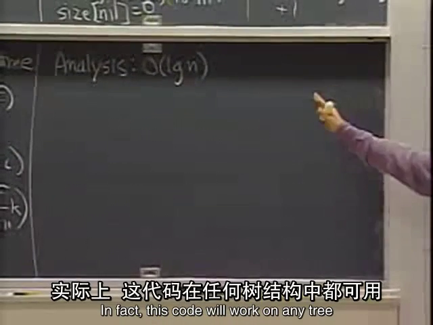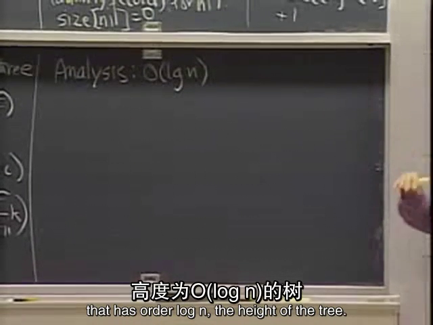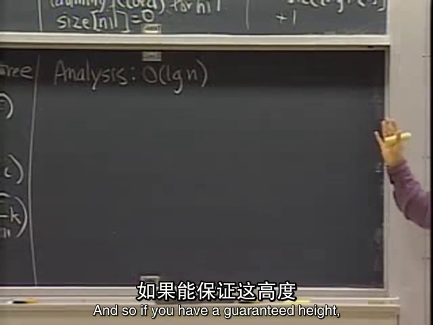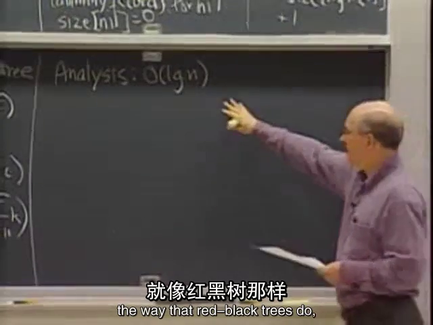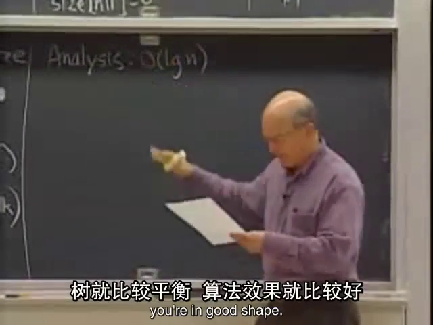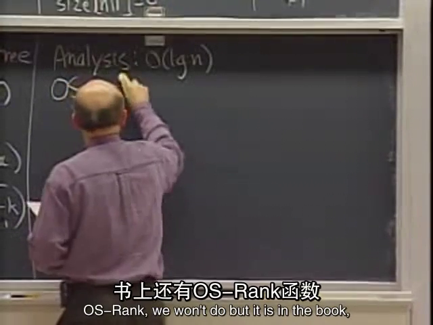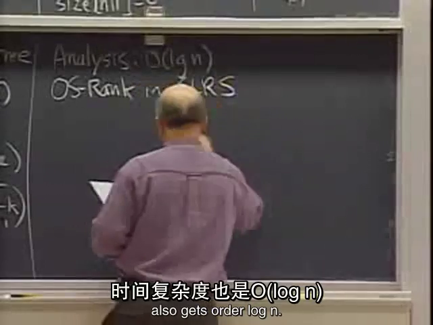In fact, this code will work on any tree that has order log n height. If you have a guaranteed height the way that red-black trees do, you're in good shape. OS-RANK we won't do, but it's in the book. Also gets order log n.